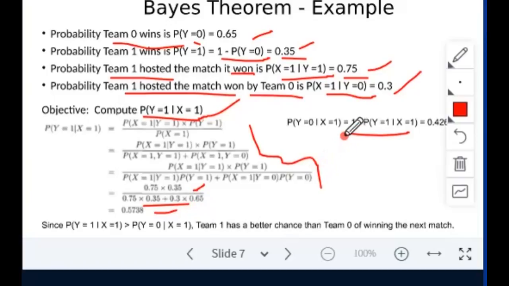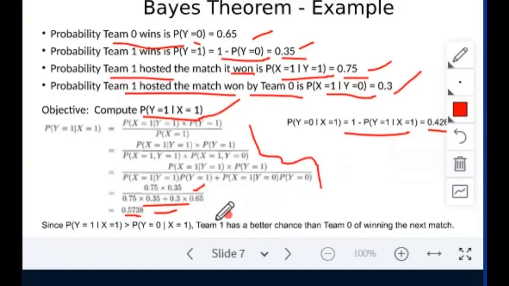Then we have to calculate the value P of y is equal to 0 given x is equal to 1. That means 1 minus 0.5738. So we'll get the value 0.4262.